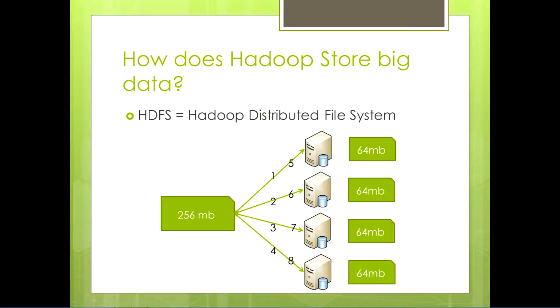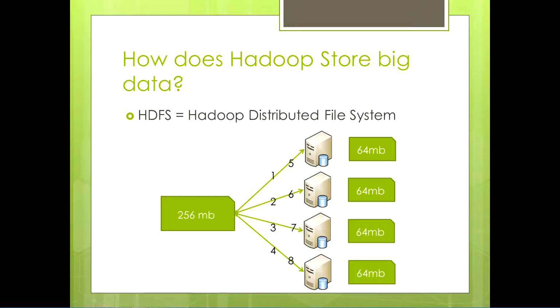In Hadoop, when you separate a file into different segments, each segment is called a block. In this case, one block equals 64 meg, and I read that in HDFS, 64 meg is the default block size.